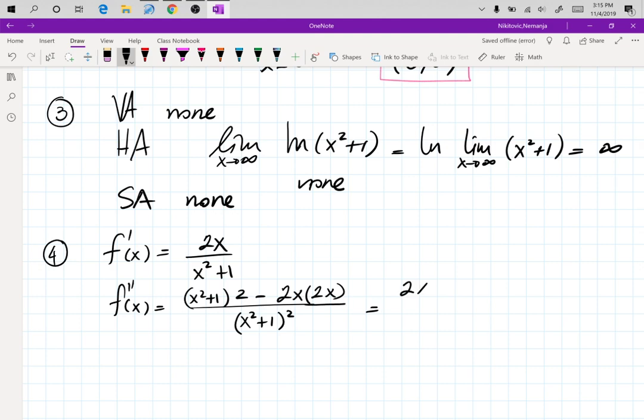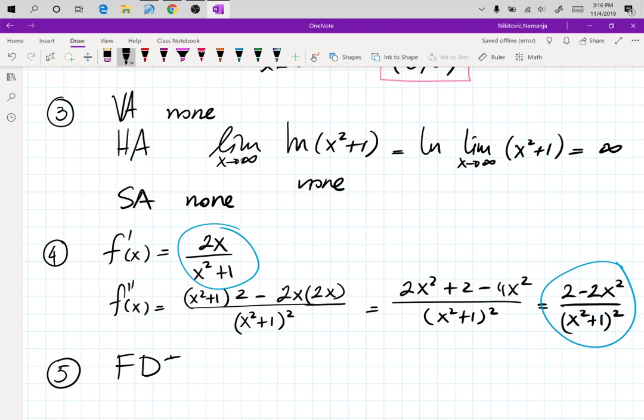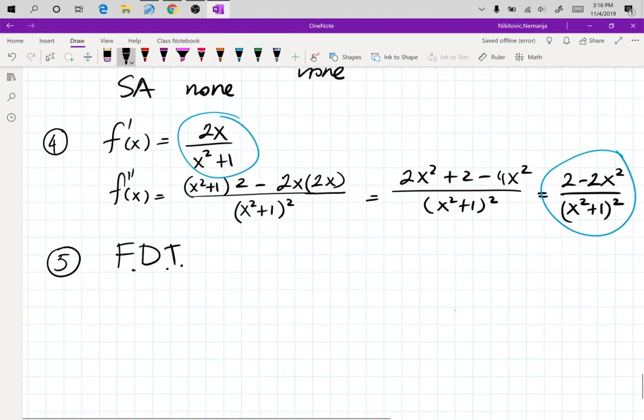This is going to be 2x squared plus 2 minus 4x squared, divided by x squared plus 1 squared, for a total of 2 minus 2x squared divided by x squared plus 1 squared. So now I have the first and the second derivative, so I can go and do my first derivative test and then later the second derivative test.